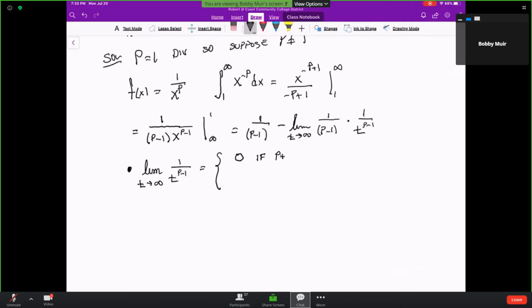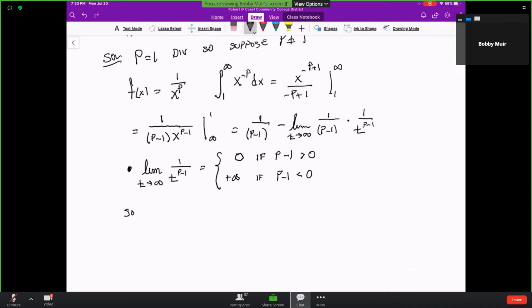This is going to be 0 provided that p minus 1 is bigger than 0. And it's going to be infinity if p minus 1 is a negative number, because then the exponent goes up to the top.